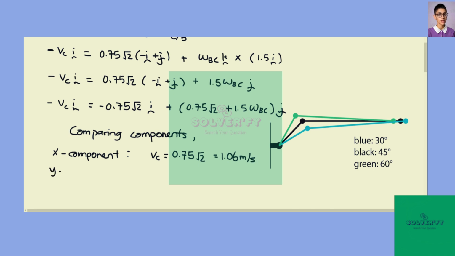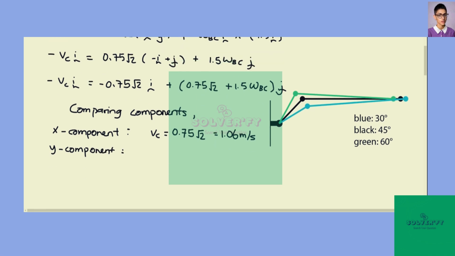For the y component, 1.5 omega BC is equal to negative 0.75 square root 2. So omega BC is negative square root 2 over 2, which is negative 0.707 radians per second. This shows that it is clockwise.